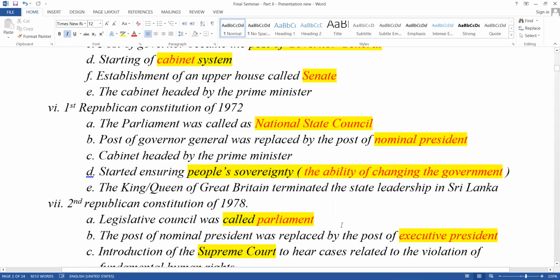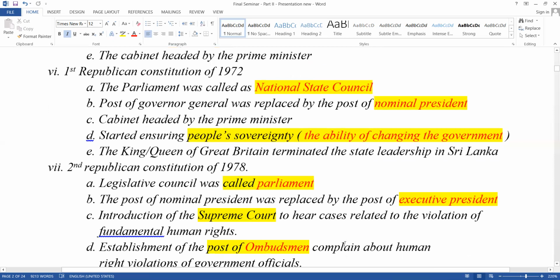So we know that the parliament is known as parliament, formerly the legislative council. The post of nominal president was replaced by the executive president. Now a very powerful president is there. And a Supreme Court was introduced to hear cases related to violation of human rights. If common people's human rights were violated, they can complain to the Supreme Court to regain the violated rights.